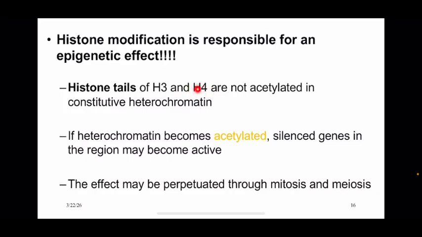So I think I've mentioned this. If a heterochromatin becomes acetylated — heterochromatin is an inactive gene — okay, if we acetylate a heterochromatin, it becomes active, because mostly acetylation in histones deals with activating, and methylation mostly deals with deactivating or inactivation, right?